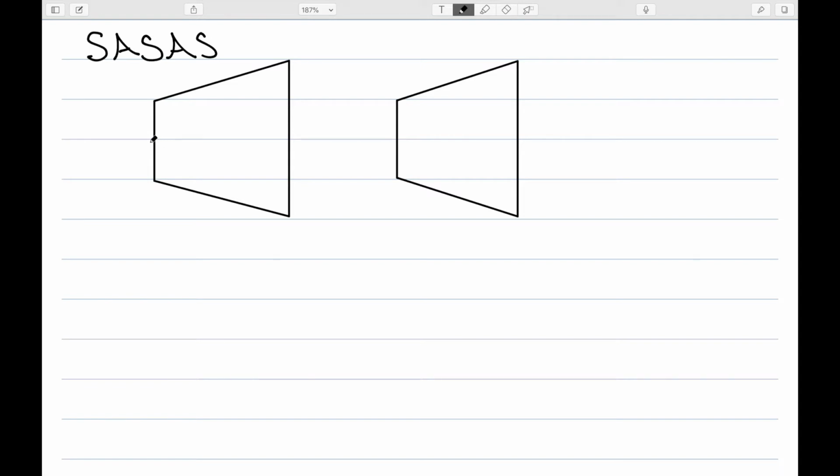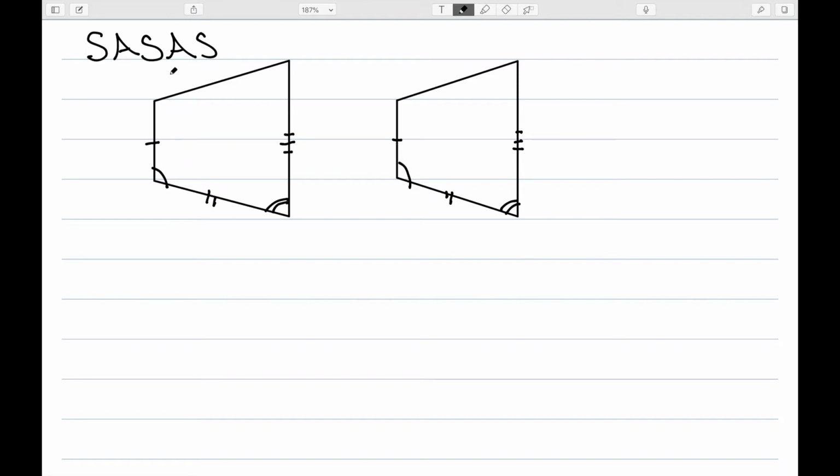For SASAS, I need a side to be congruent, the next side to be congruent, and then the third side. So I need 3 sides in a row to be congruent, as well as these 2 angles here. So 3 sides and the accompanying angles that go between them.